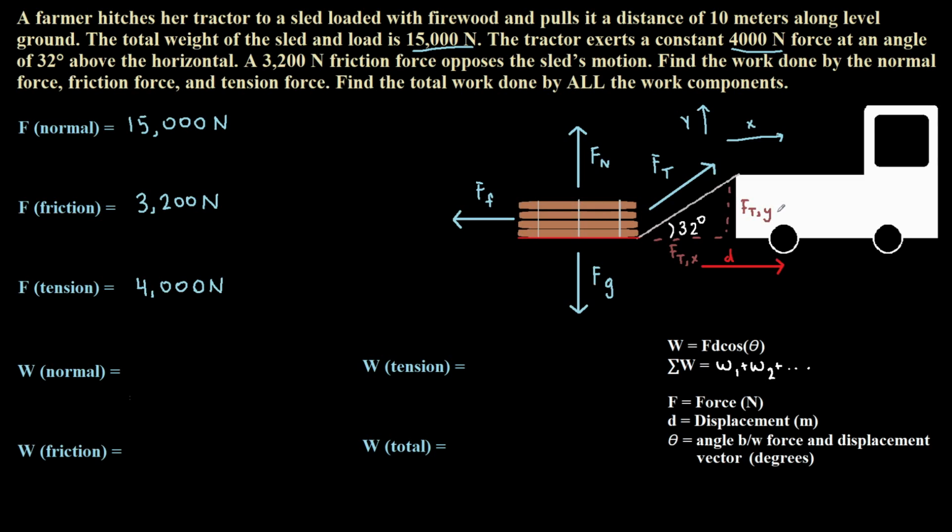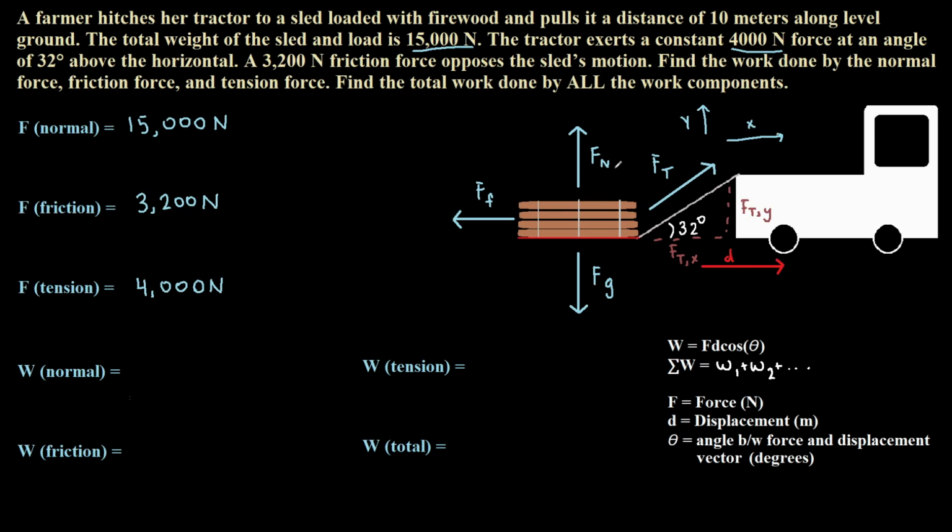Now you may be wondering, which force component are we going to use for our calculations? Well, if you think ahead, the reason we're solving for force is because we want to know the work done by the tension force. And we know that force vectors that are perpendicular to the displacement, like normal force, are going to have 0 joules for work done.